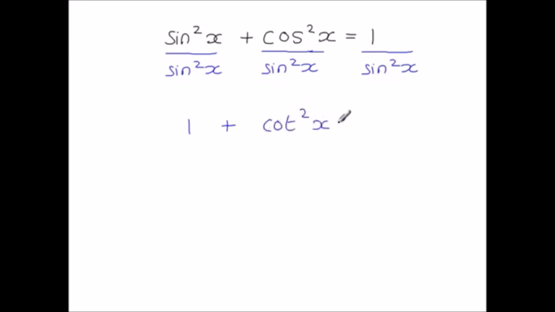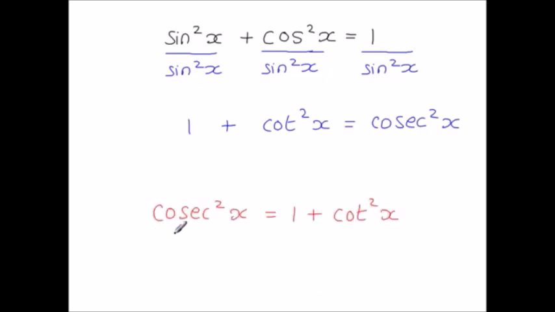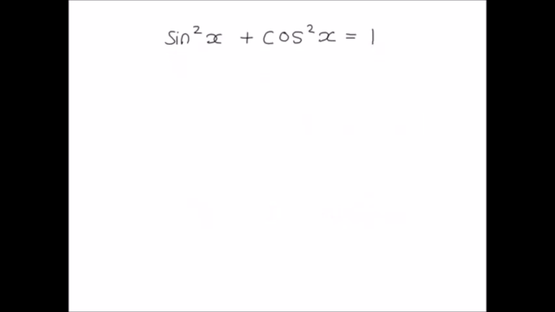Cot squared x is equal to 1 over sine, which is cosec, but this is squared. Cosec squared x. So this is a very useful identity to memorize. So it can be written like this, because it is an identity.